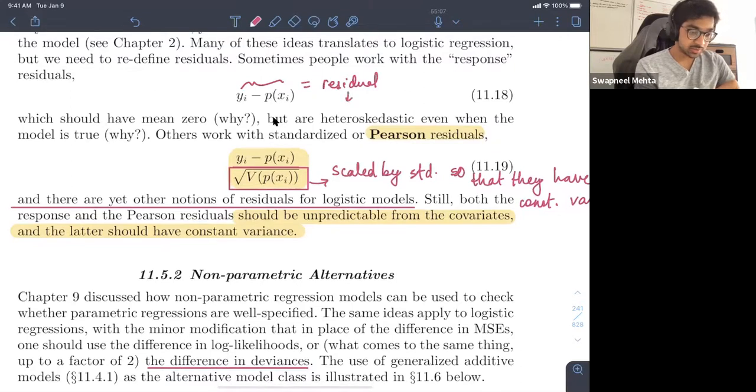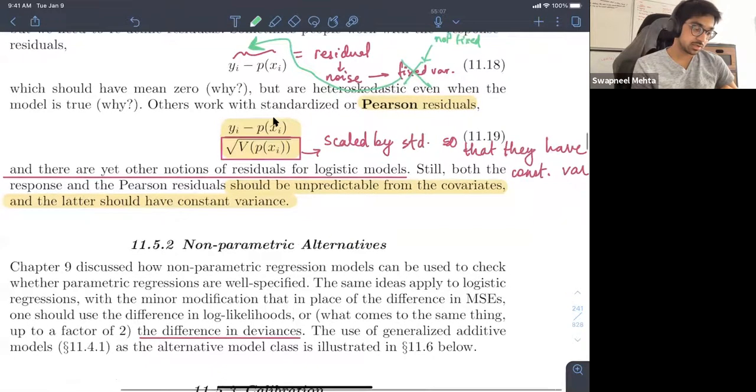And the residual has to do with noise, and the noise has fixed variance. If in reality this is not fixed variance, then this assumption was wrong, and so I have to redo my entire fitting method to change what I was doing. And that's how we test our residuals.